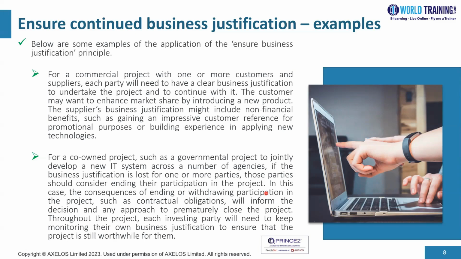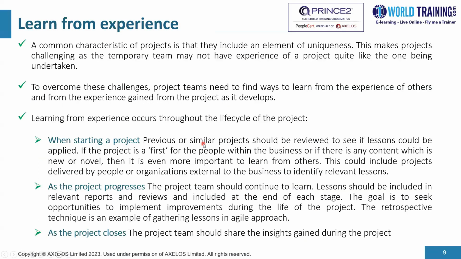In this case, the consequences of ending or withdrawing participation in the project, such as contractual obligations, will inform the decision, and any approach to prematurely close the project. And throughout the project, each investing party will need to keep monitoring their own business justification to ensure that the project is still worthwhile for them.